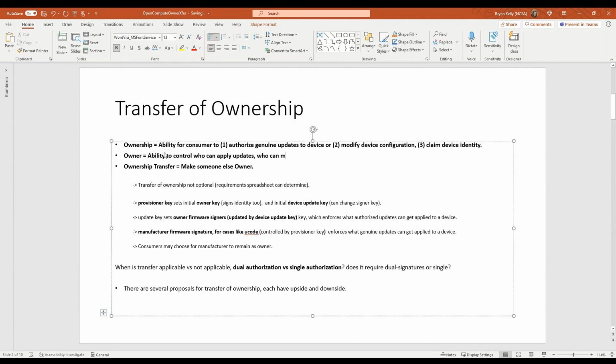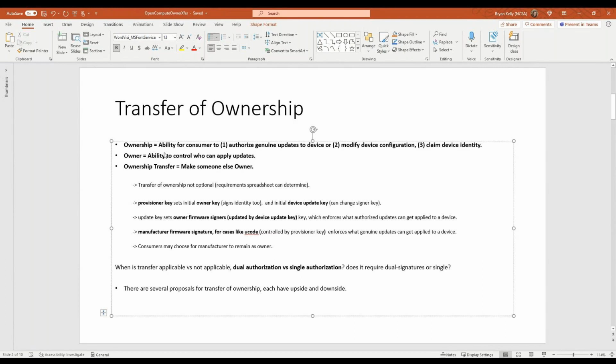So the updates that we talked about long ago were the one piece of data that the updater controls is the firmware signing public key, and the other one is the critical configuration.